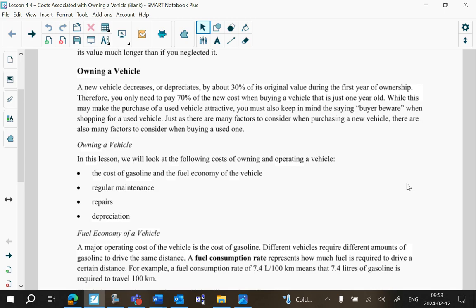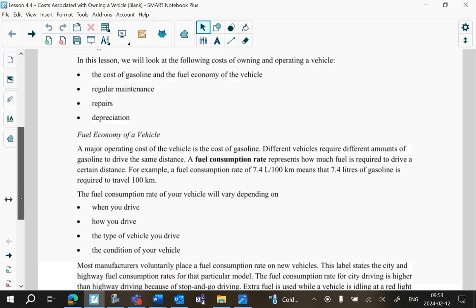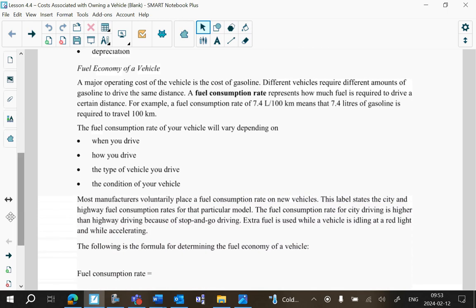So starting with fuel economy, this is something that you want to know about the vehicle that you have or the vehicle that you're considering, okay? Basically they call it gas mileage, although technically gas mileage is what they use in the States, because we don't use miles, we use kilometers.